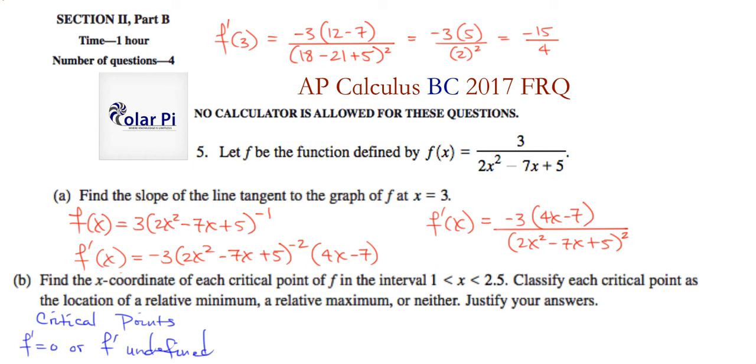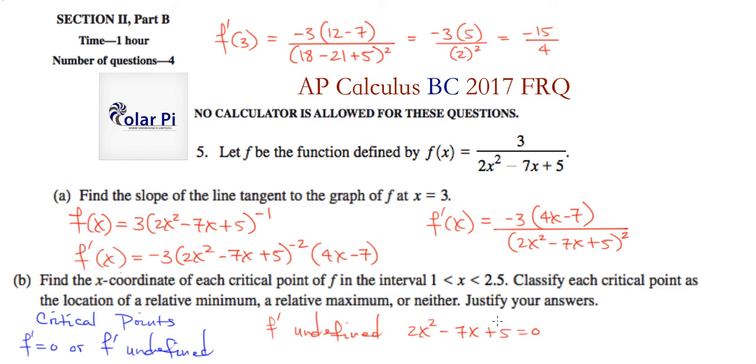Now our work is a bit simplified because f prime would be undefined where the denominator of f prime equals 0. If this equals 0, then f prime would be undefined. But this equals 0 means the quadratic inside the parentheses equals 0. So for f prime undefined, we need 2x squared minus 7x plus 5 to equal 0.